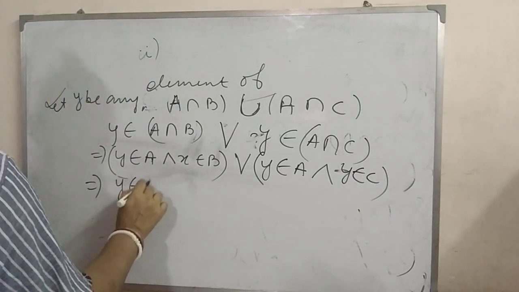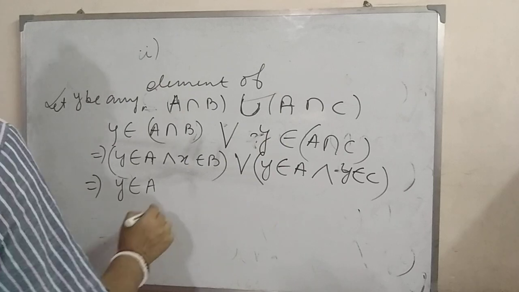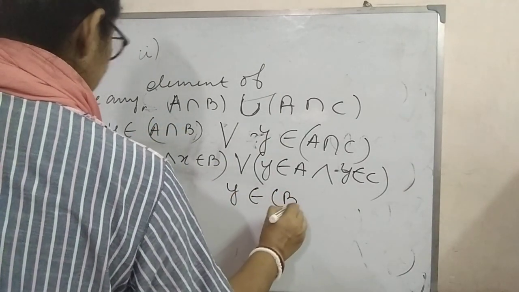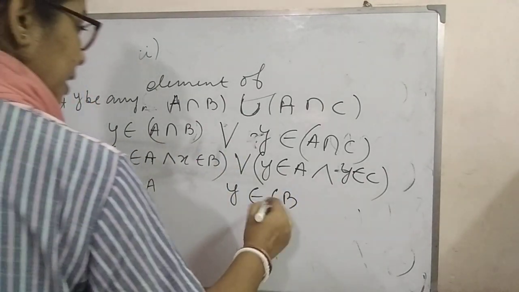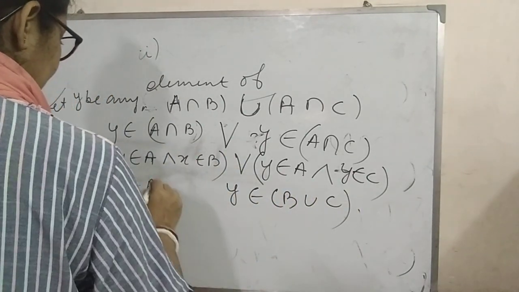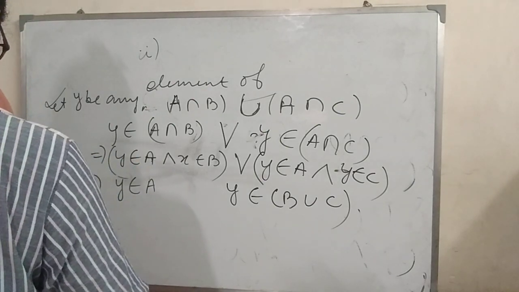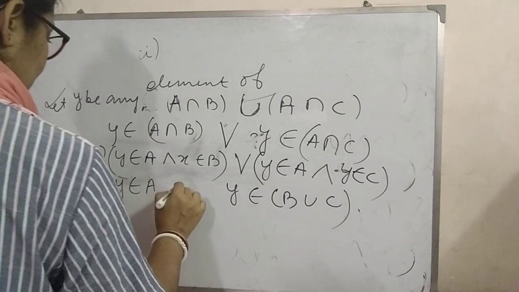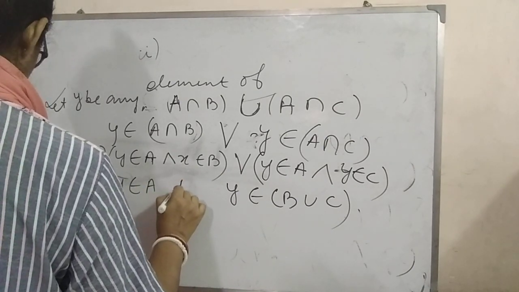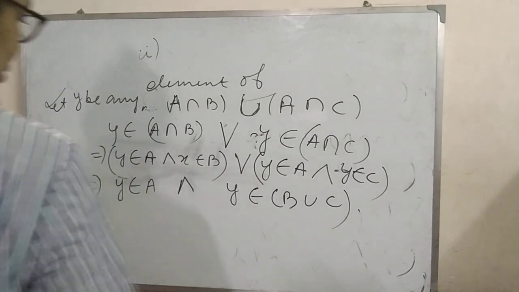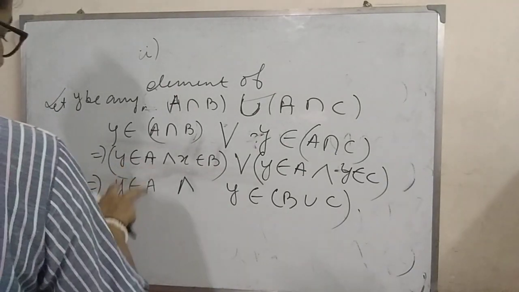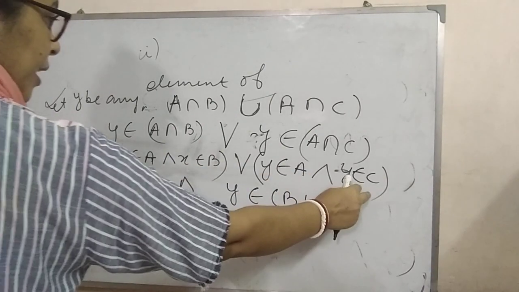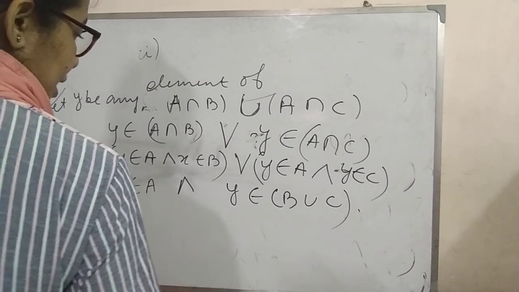This is Y belongs to A and Y belongs to B union C. This portion is this: Y belongs to A, common to all, that means common to all, Y belongs to B, Y belongs to C, union.